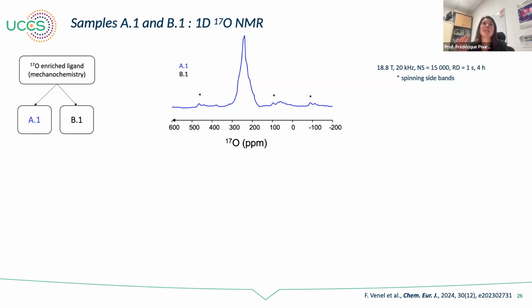And in the oxygen-17, what you can observe is a CQ of 7.2 megahertz, and this signal is attributed to the carboxylic COO groups, with an isotropic chemical shift of 275 ppm.